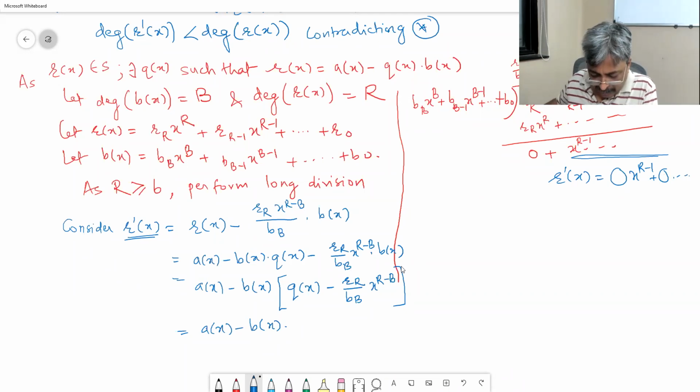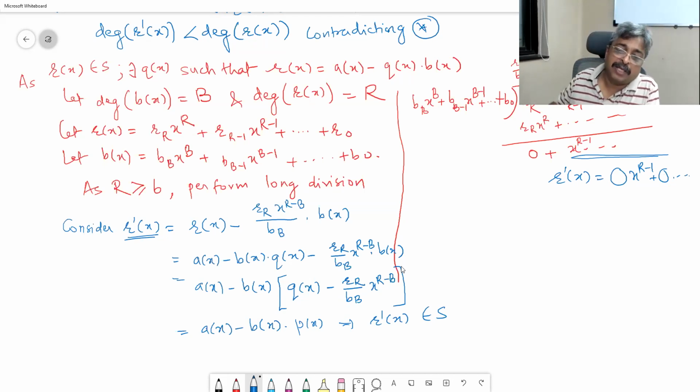So let us finish this. By definition, r dash of x is this. So this is p of x box, and hence this implies r dash of x belongs to S, because S was the set of all those who follow this, and r dash also follows this. Therefore, r dash should have been in the box itself.